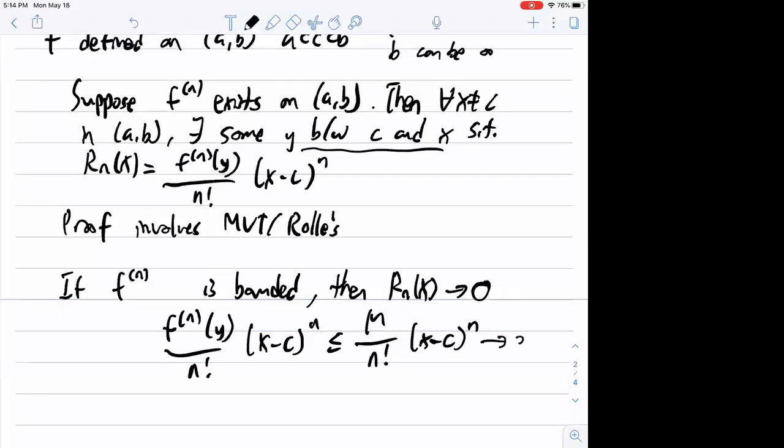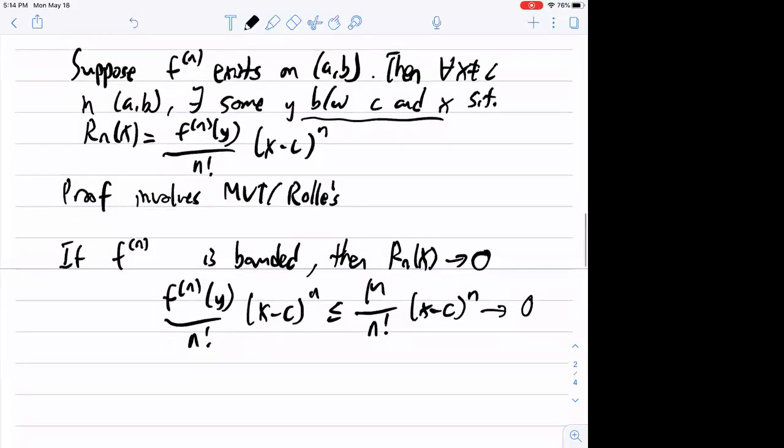No matter what x you choose, if x is c, it's also true because it's 0. But if x is not c, there's just some number to the nth power over n factorial. Factorial wins over exponential growth pretty much. Hopefully you all know that. If you need me to prove that, please type in chat or tell me. But hopefully it's obvious that exponential growth is smaller than factorial growth.